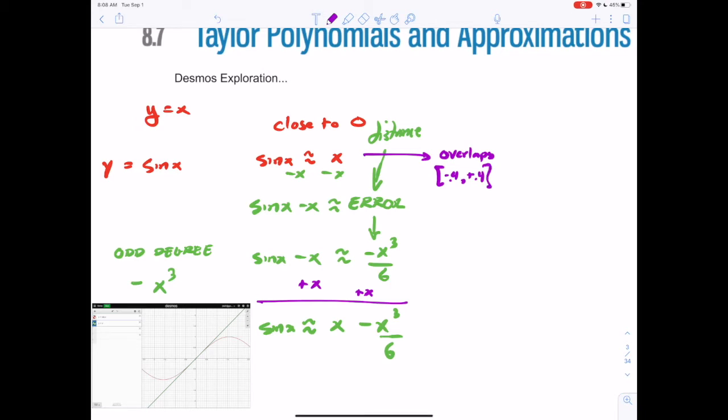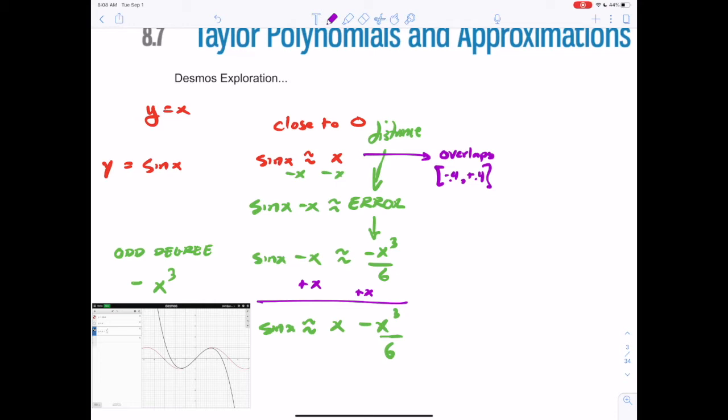Okay? So now what we're going to do is graph our new polynomial lookalike, which is x minus x to the third all over 6. Okay? So let me zoom out a little bit. Does that look better as a polynomial lookalike than that linear function that we had, right?